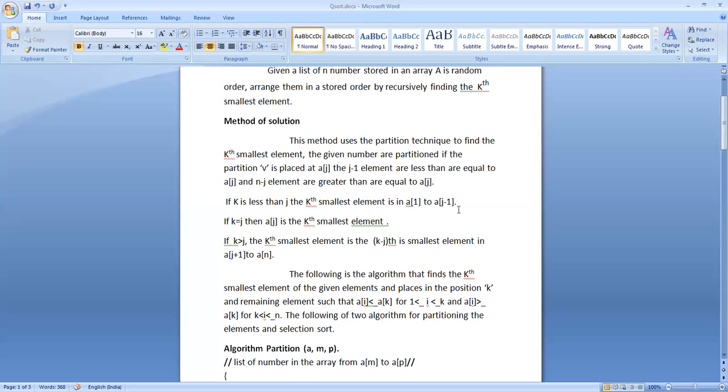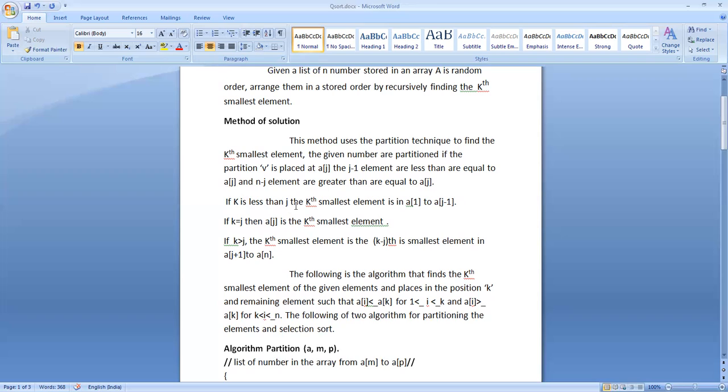So simply saying, you are given some 10 numbers, and you are asked to find the 7th smallest value, but now you have found the 5th smallest value. That means in the partition, my 7th smallest value should be available somewhere after the 5th smallest value in the given list of numbers. That is the meaning here.